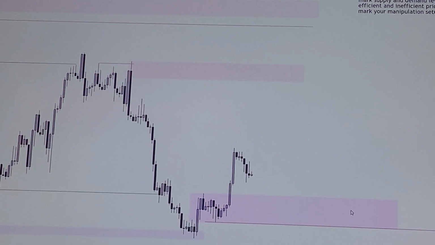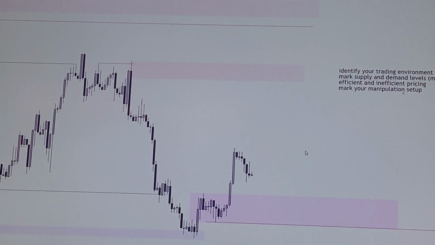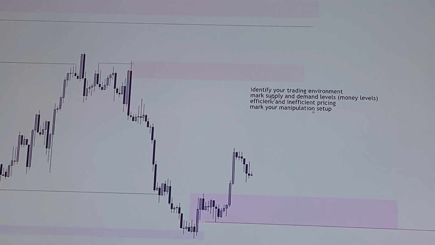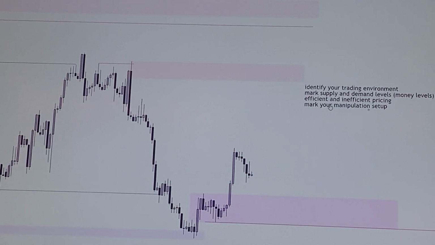So we're here. And when we look at this guy, the first thing we want to do is mark our supply and demand, which is pretty much marked, right? So the next thing is identify trend, we've done that, supply and demand, then money levels. So looking at my 4-hour right now, I see that price has money here.